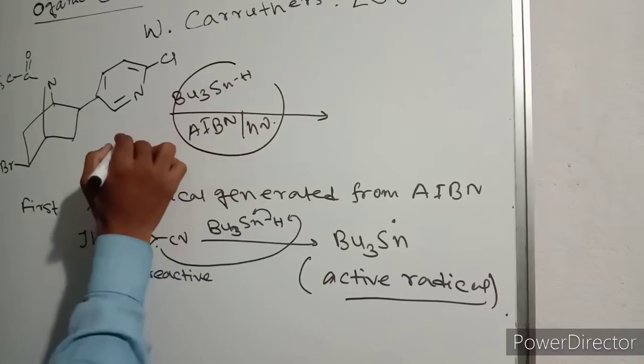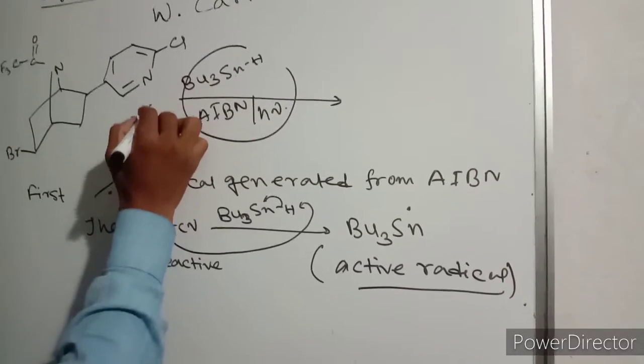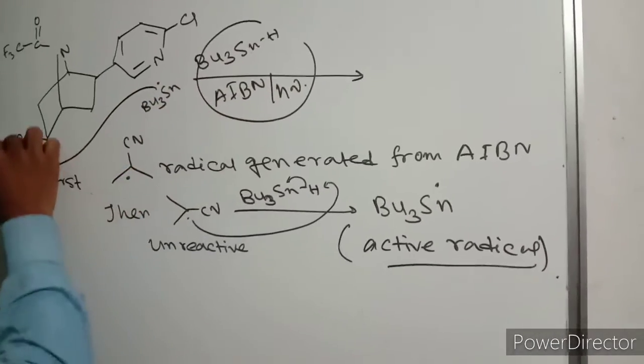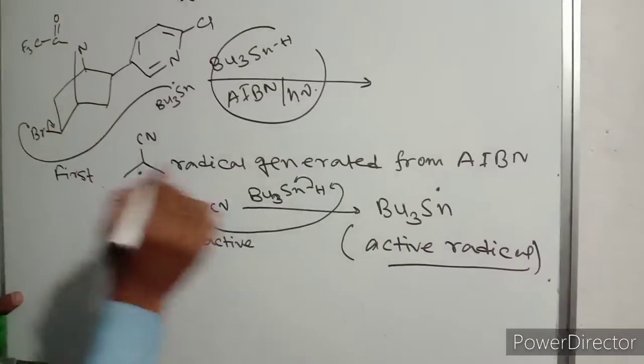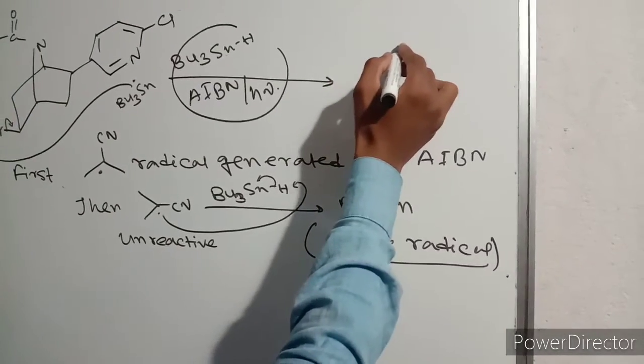From here this radical will be generated and this will pick up here and here, and ultimately what will we get?